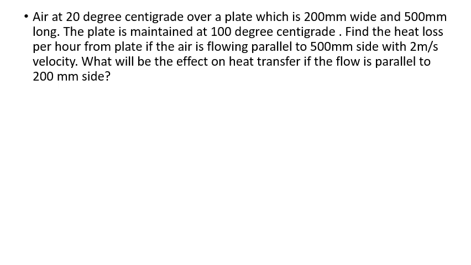So what is given? First we have to note down the things that have been given. The fluid is air. That is essential to find out the properties. Then it is 20 degrees centigrade. The width of the plate is given as 200 mm.